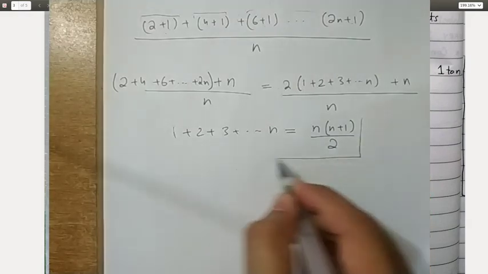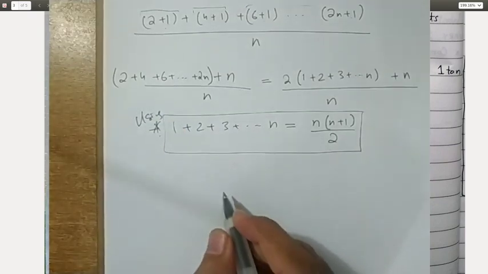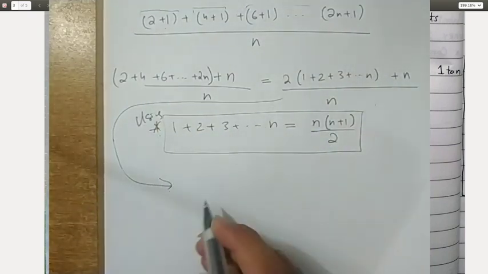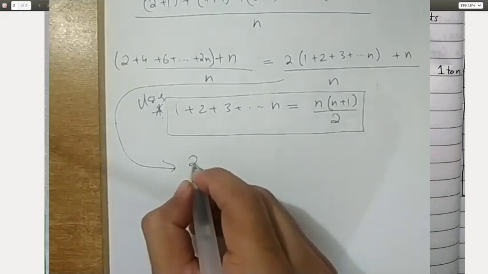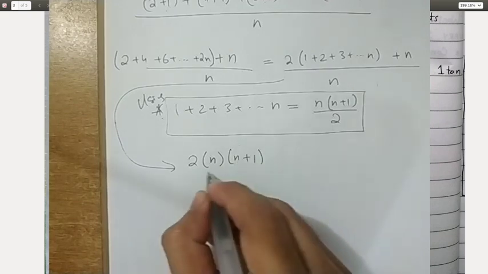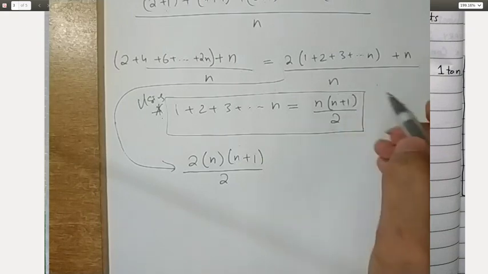So note, using this, I can rewrite this as 2 times n times n plus 1 upon 2, and I can write this plus n upon n separately.